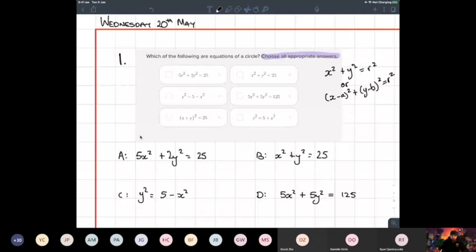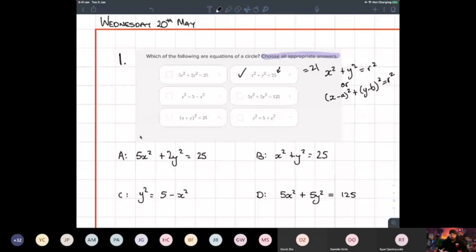If we look at option B straight away, it's in the form of x squared plus y squared equals r squared. It's important to note that the radius doesn't have to be exactly a square number. You could have your equation equal something like 21. A radius of the square root of 21 will leave you with a surd, and that's okay.